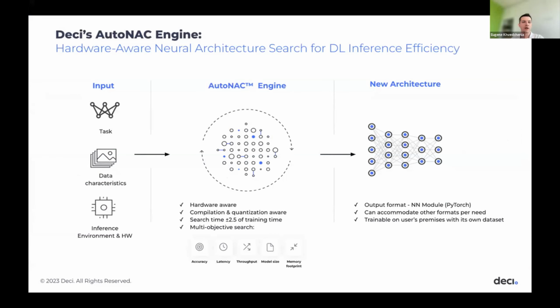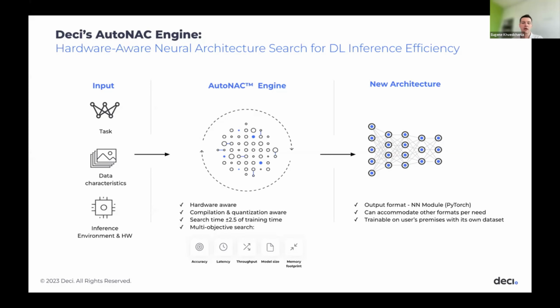So this is a neural architecture search engine called AutoNAC. It allowed us to take the task, which is object detection, the data characteristics in a nutshell, like how many bounding boxes are, what's their aspect ratio, what's the image size, the information of the target hardware on which you want to run the inference. In our case, it's a T4.